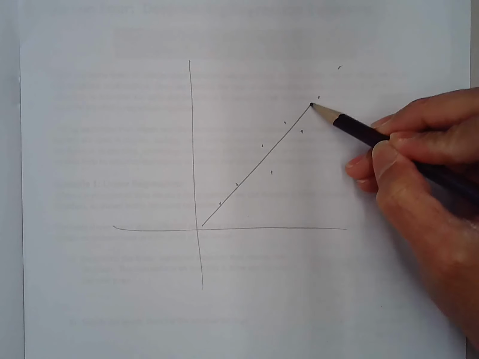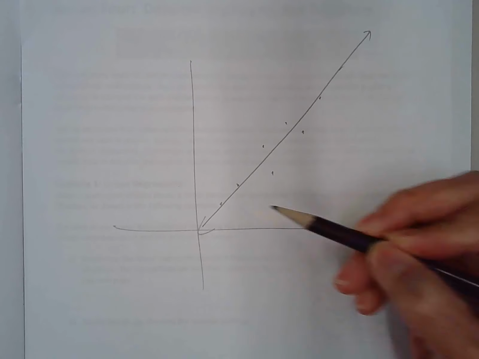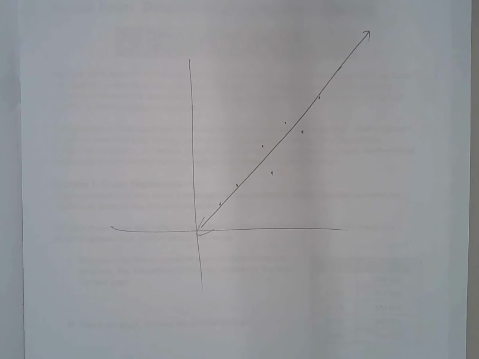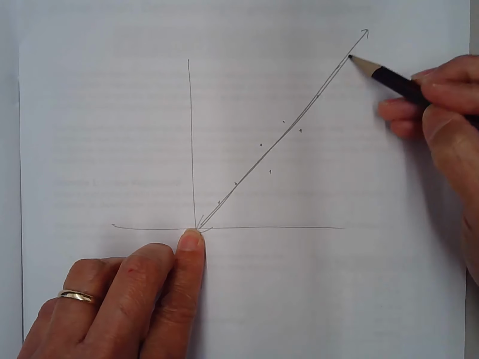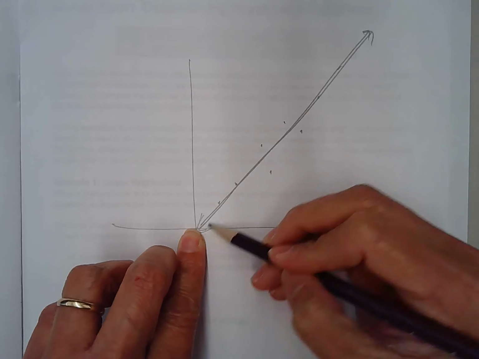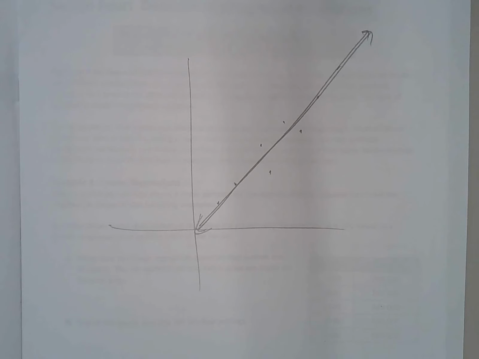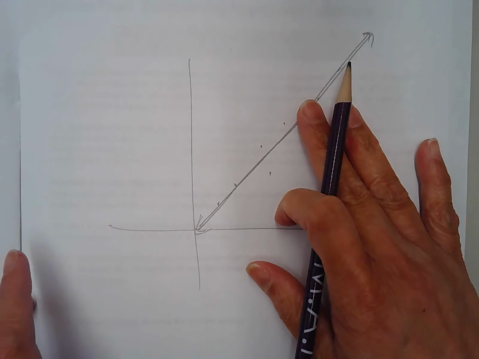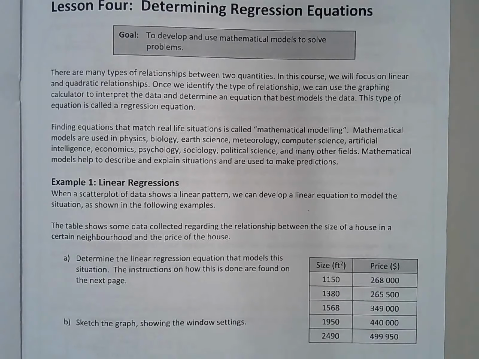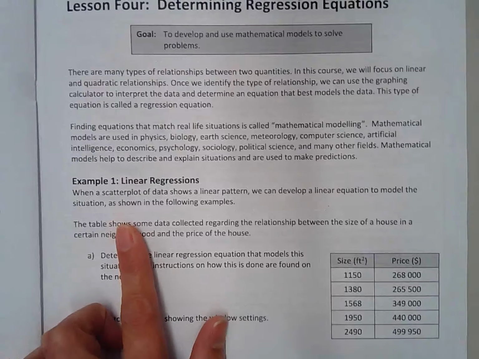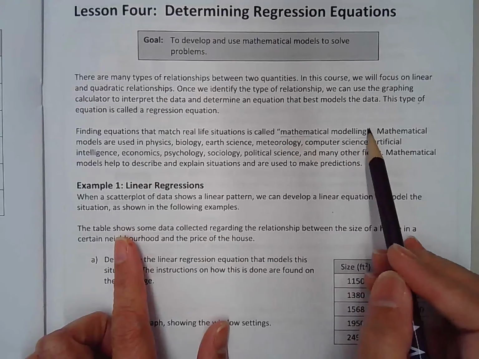So what we could do is generalize it and figure out the equation that fits the data. This is called line of best fit or curve fit, and that's what we're doing today. So we do mathematical modeling.